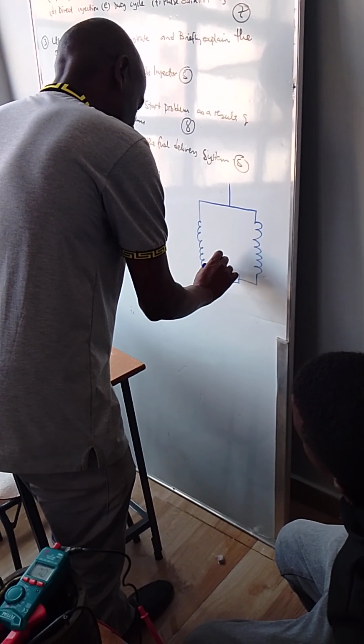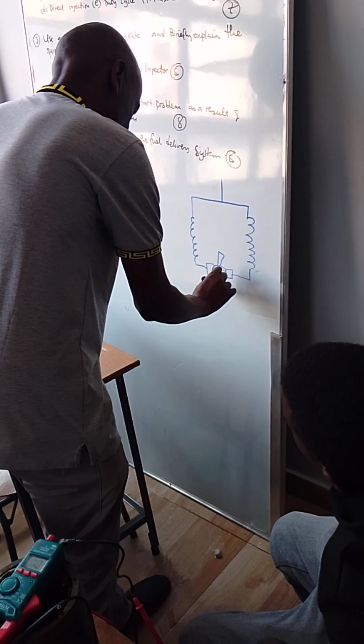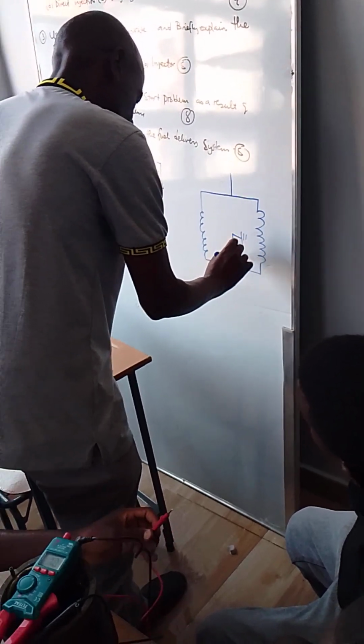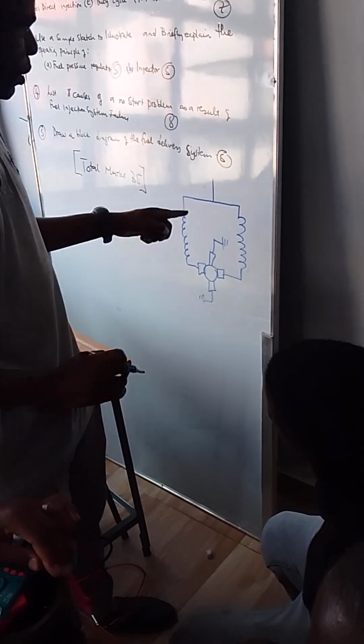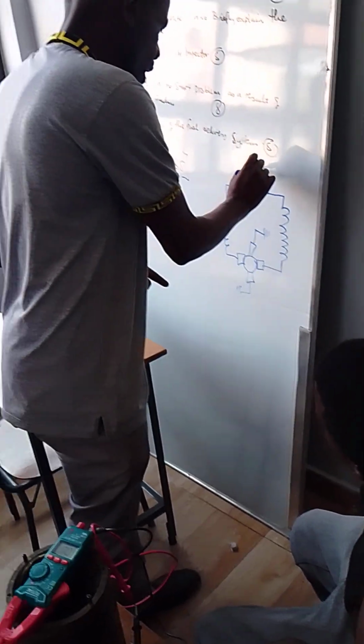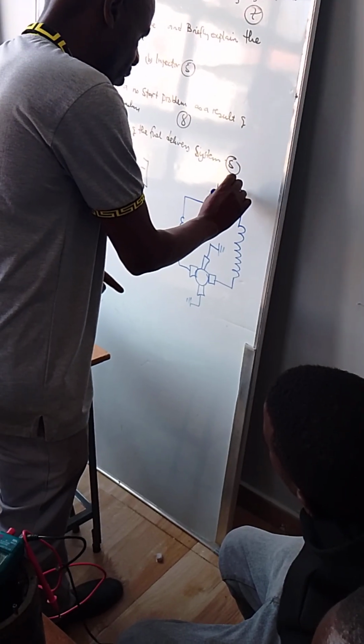This is the armature and to ground. So this is the motor terminal in the solenoid.